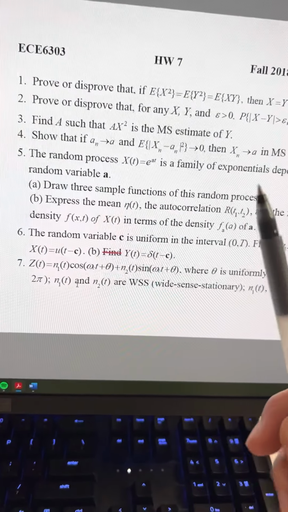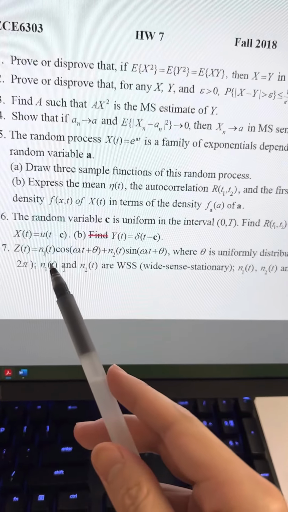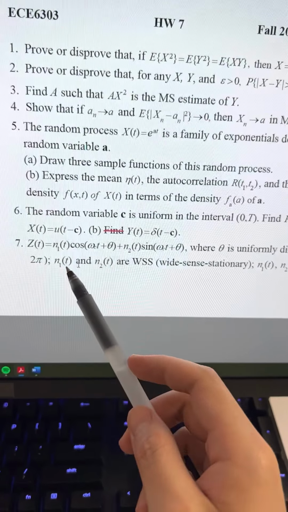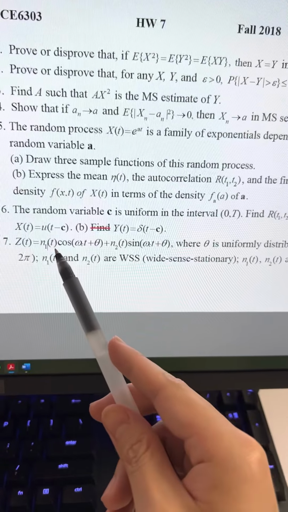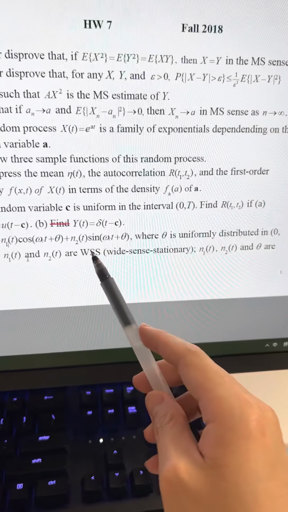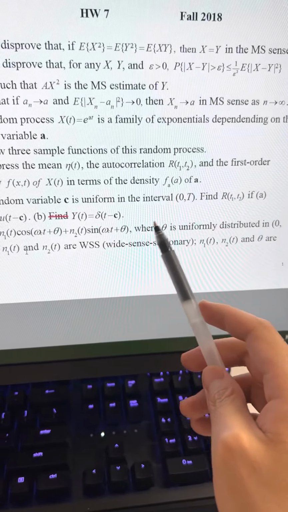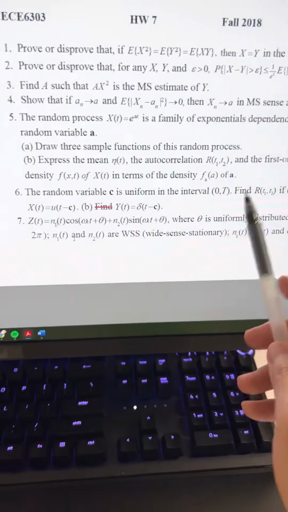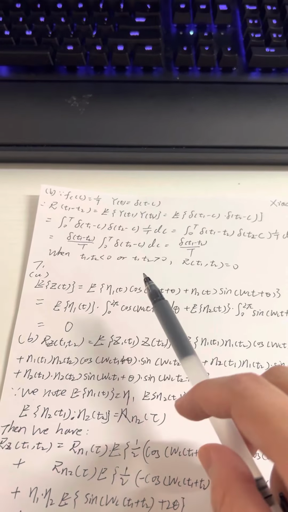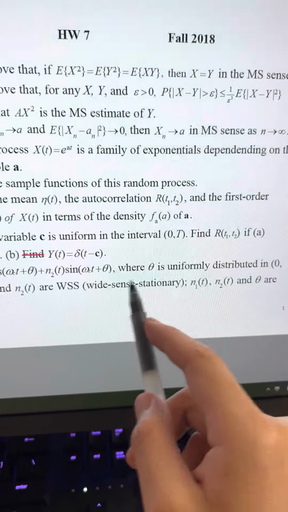It told us that the function Z(t) consists of N1(t), N2(t) and triangle functions, and the question told us that the variable theta in the triangle function is uniformly distributed, so we can easily get the density function of this theta.